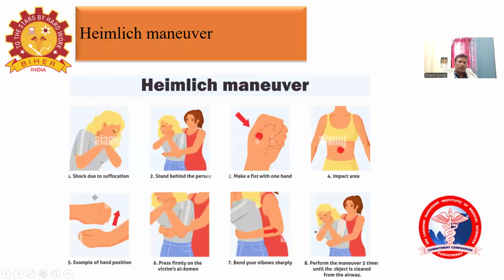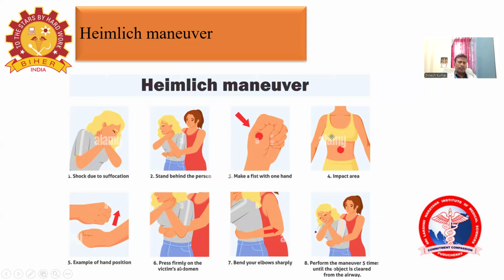Next is the Heimlich maneuver. When you choke or the larynx is obstructed, you can do this procedure. First, recognize the shock due to suffocation. Second, stand behind the person. Third, make a fist with one hand at the thumb side.